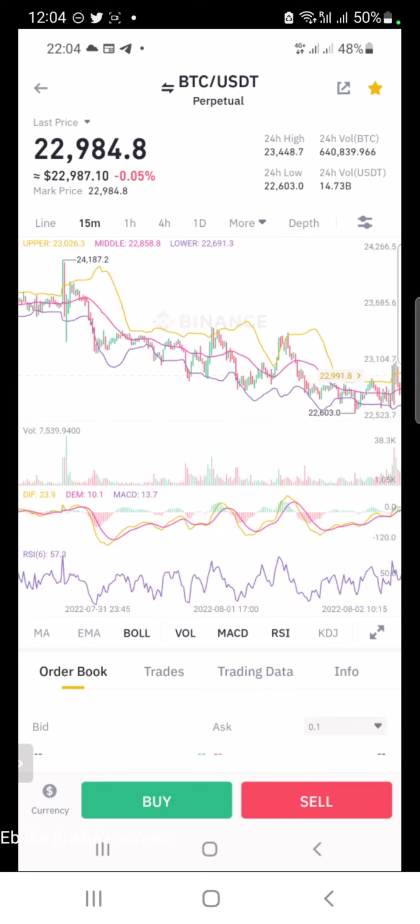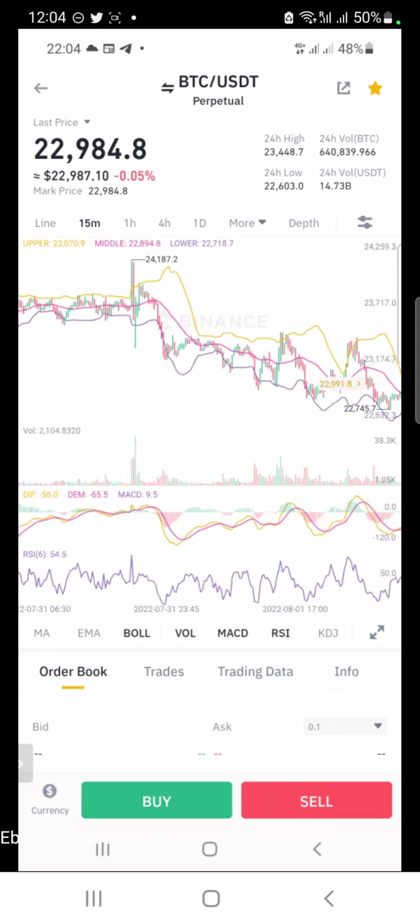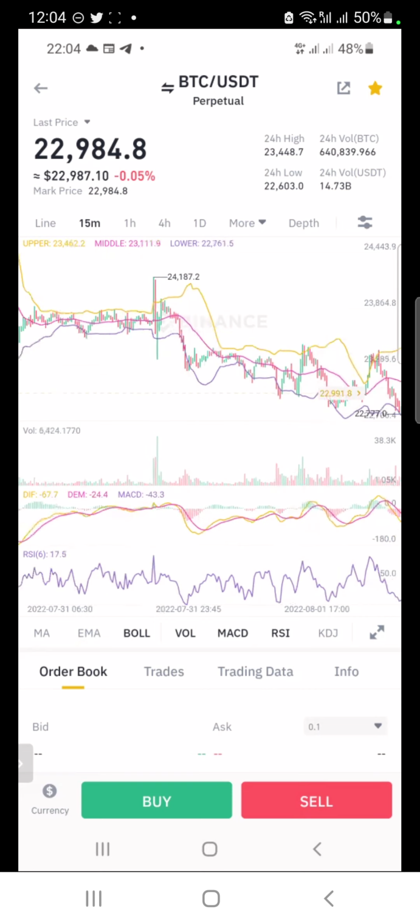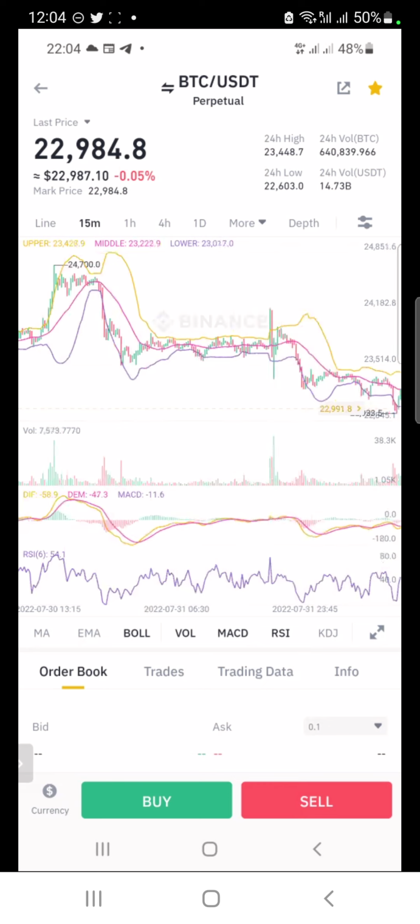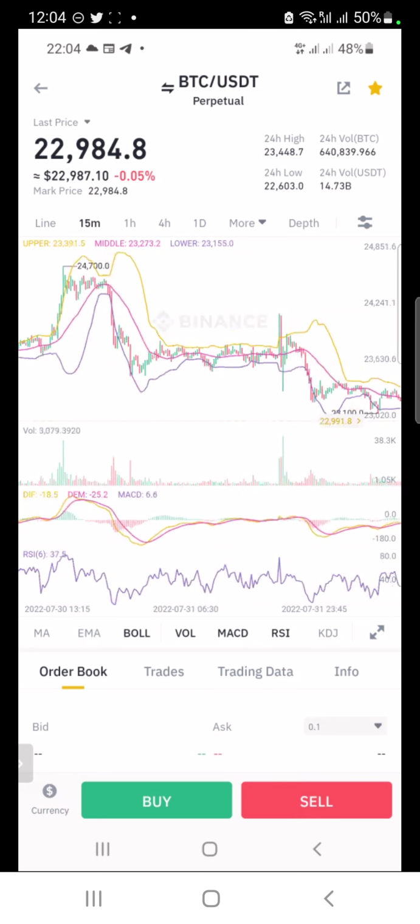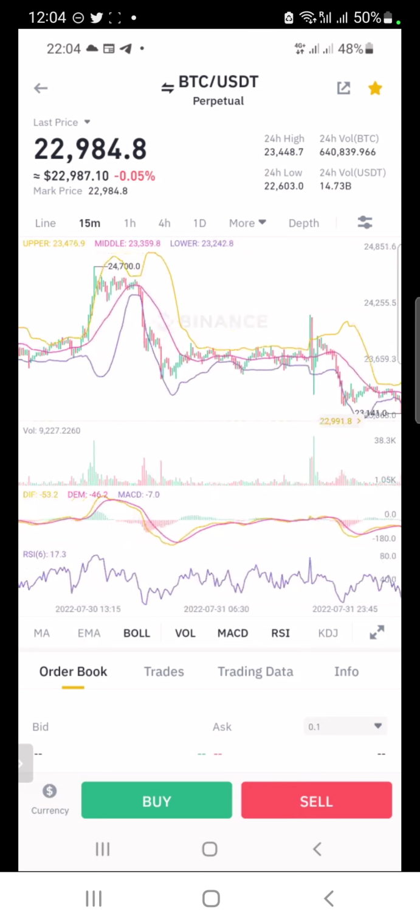So that will be your new resistance. Exactly. But it's a temporary resistance, because you see, not much happened here. It's only 2 times that the price attempted to break there. So you would also look beyond that 24.1 at where the price got to before in the course of the market that it could not break beyond.